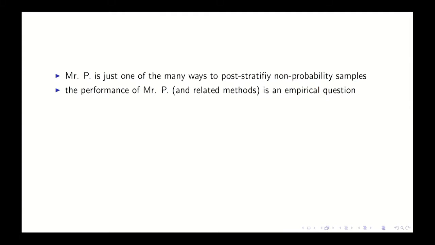It's not decided by fiat. Related methods can be applied if you have digital trace data that's sampled with some unknown process. You can imagine trying related things. Also, as I said yesterday, with experiments, you can imagine trying to reweight the people in your experiment to try to recover the population average treatment effect from a sample average treatment effect.